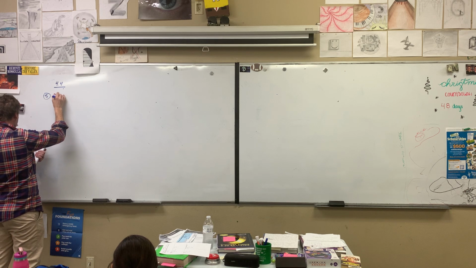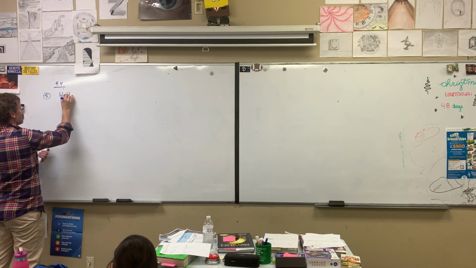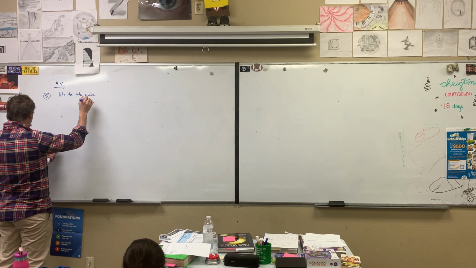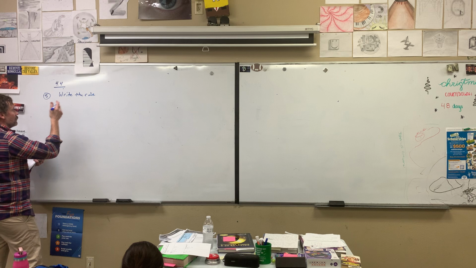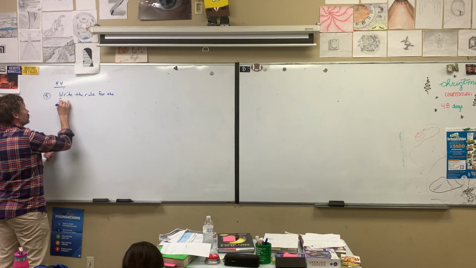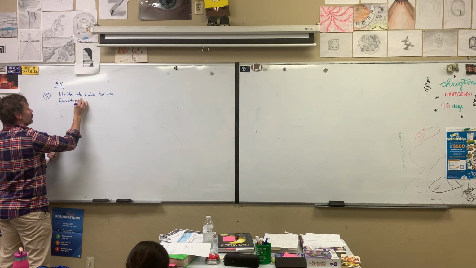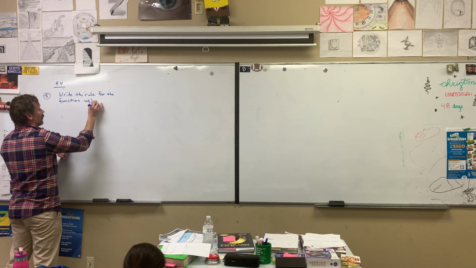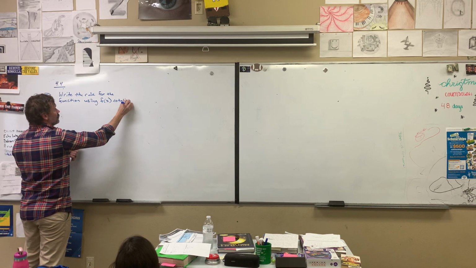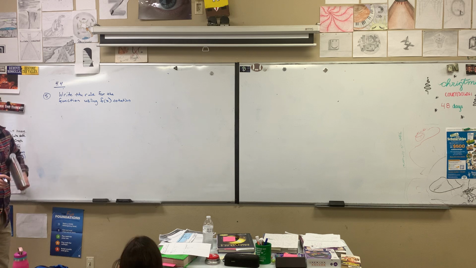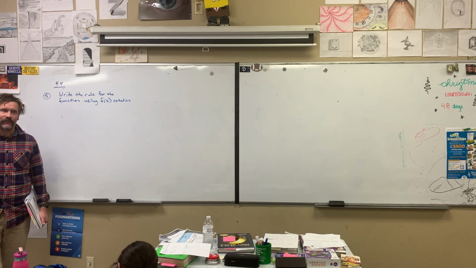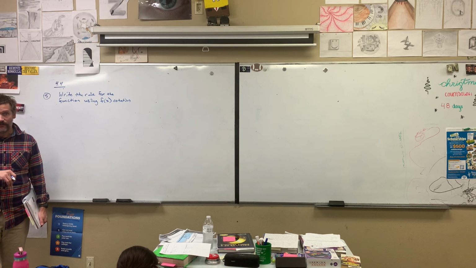On this one, it's going to say, write the rule for each function using f of x notation. Now remember, f of x we just said is the same thing as y. So you could write an equation with y equals and then at the very end just change y to f of x.